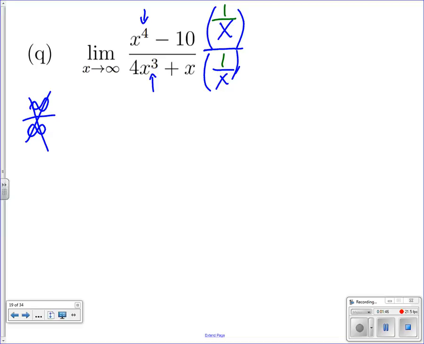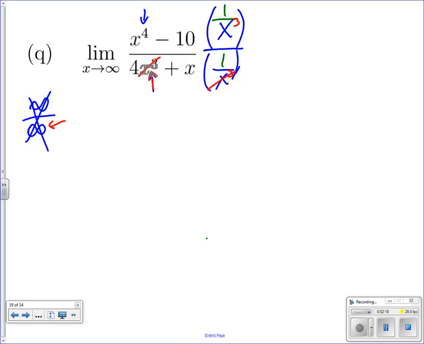Notice an x cubed is on the bottom. So if I multiply that by 1 over x cubed, that x cubed would cancel, and we don't have this bottom infinity anymore because there are no x's at all. So instead of just 1 over x, we're going to do 1 over x cubed over 1 over x cubed.